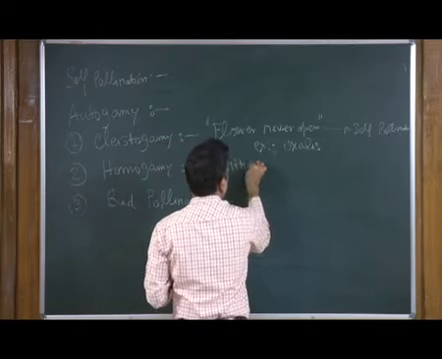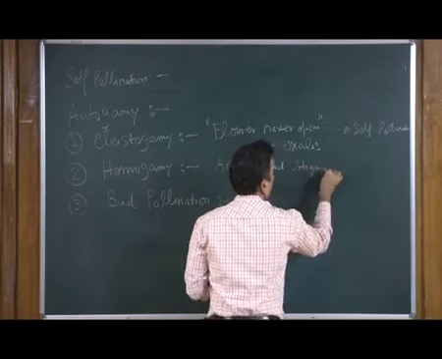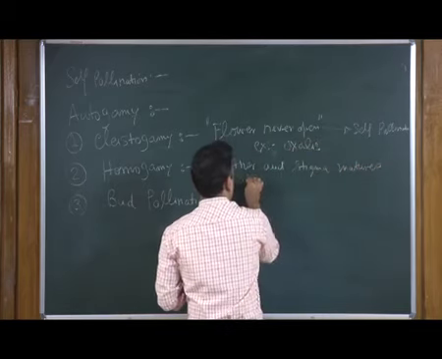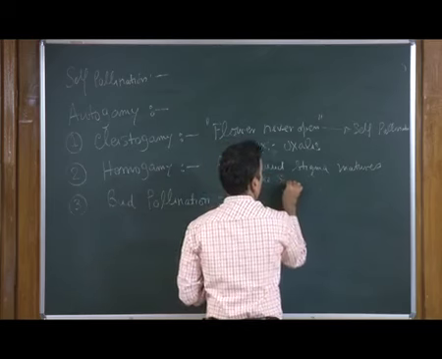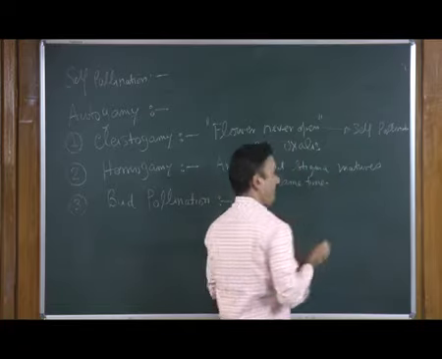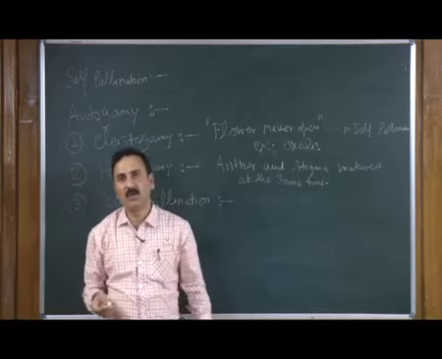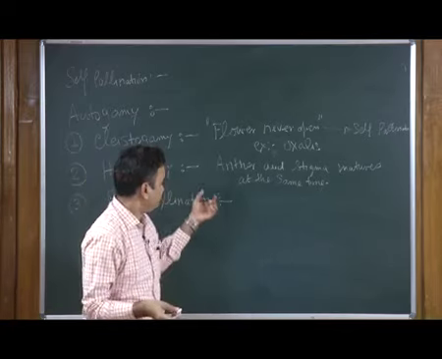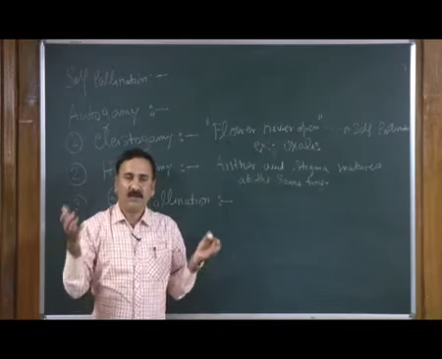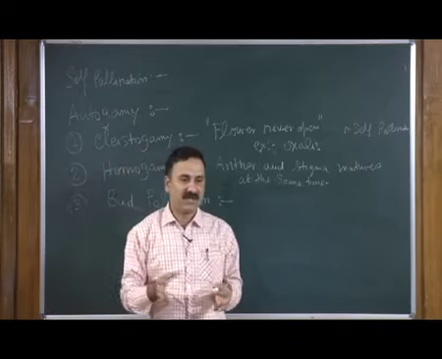Whereas, in the case of homogamy, the anther and stigma mature at the same time. For the success of self pollination and further fertilization, the anther as well as the stigma should be mature, meaning the male and female sex organs should mature at the same time.